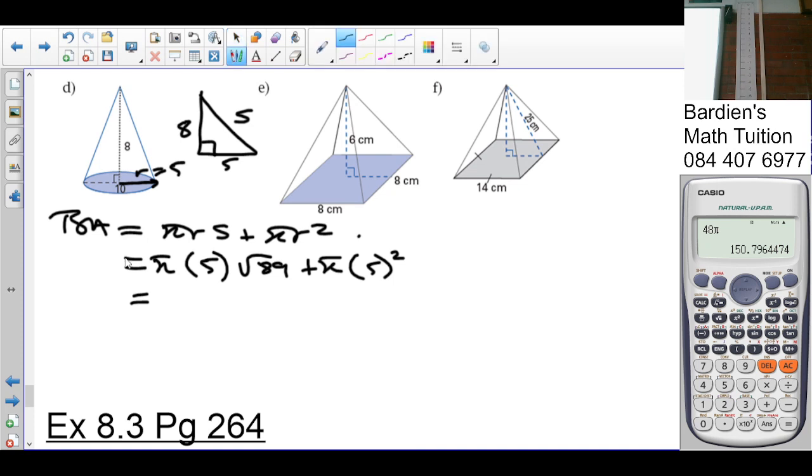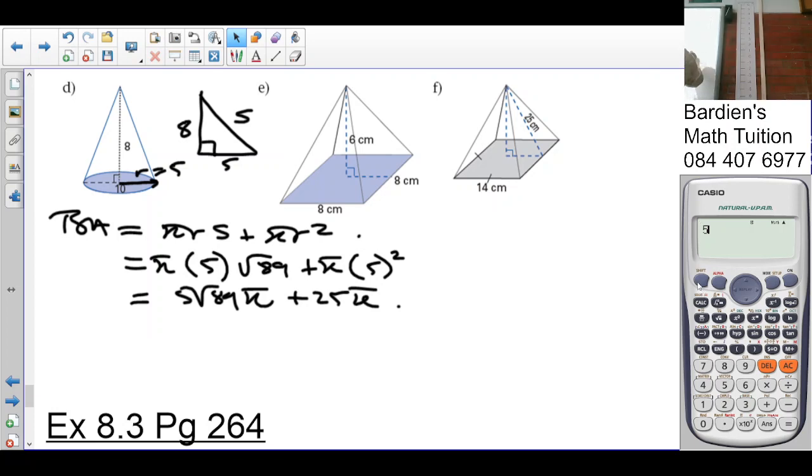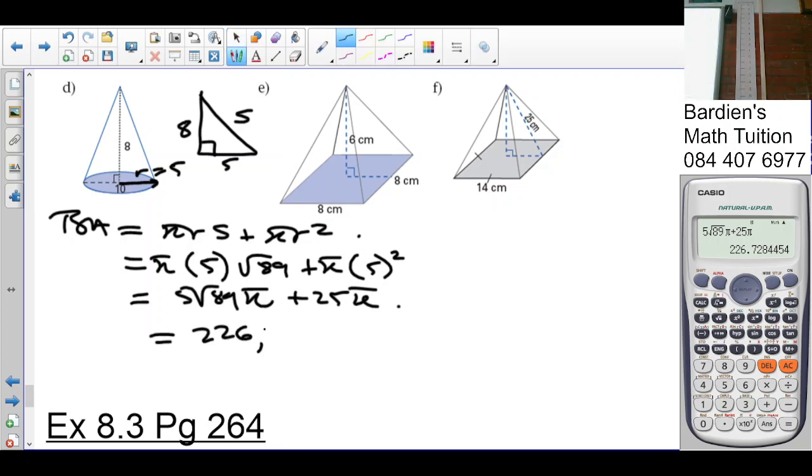That will simply be 5 root 89 pi plus 25 pi, which is 226.73. Is that correct? Centimeters squared.